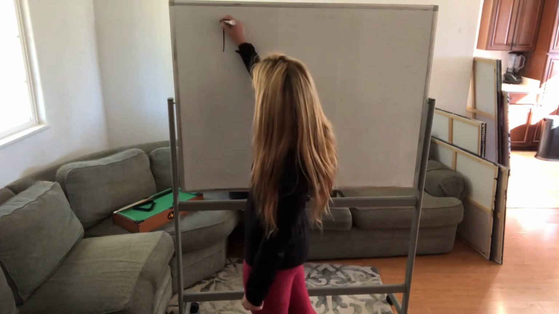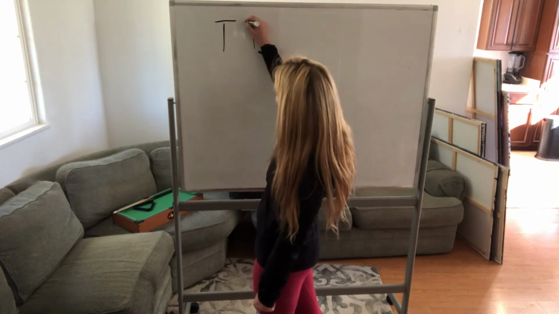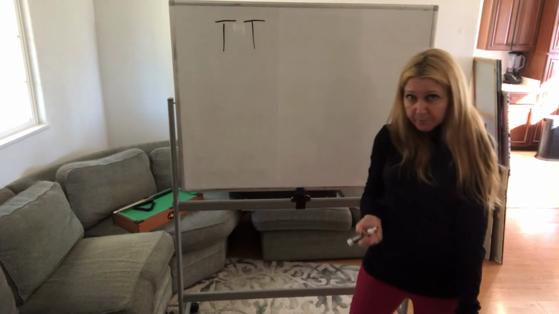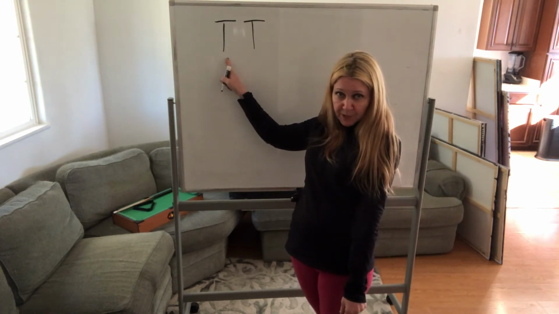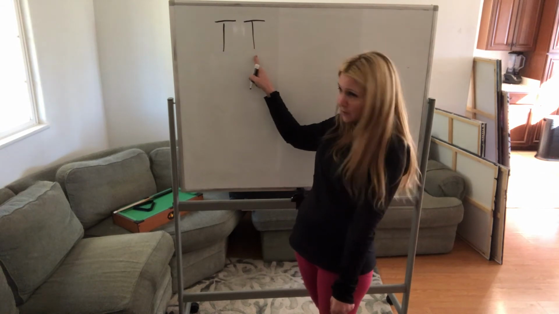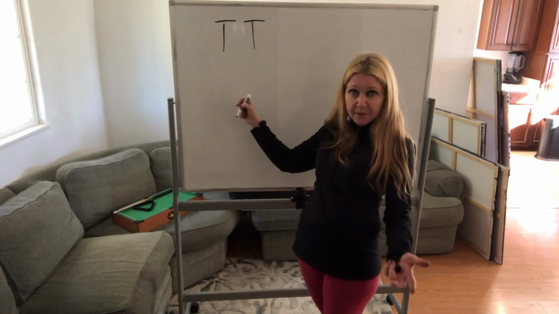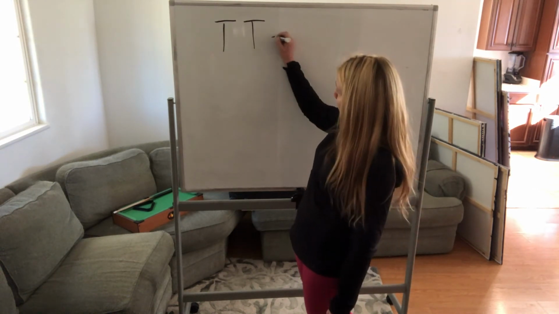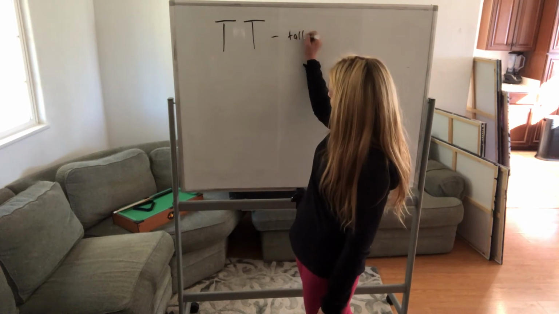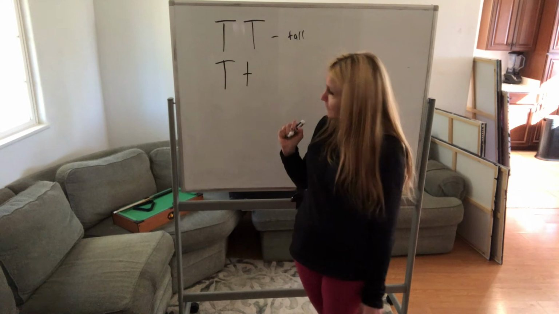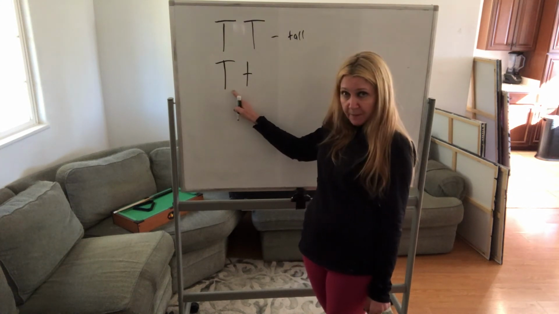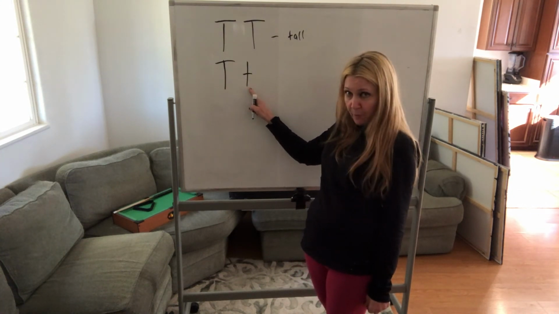Big T, big T. What does this indicate? This is one allele or form of a gene for tall. This is another one for tall. So this plant will be tall. We also have this form: big T for tall, little t for short.